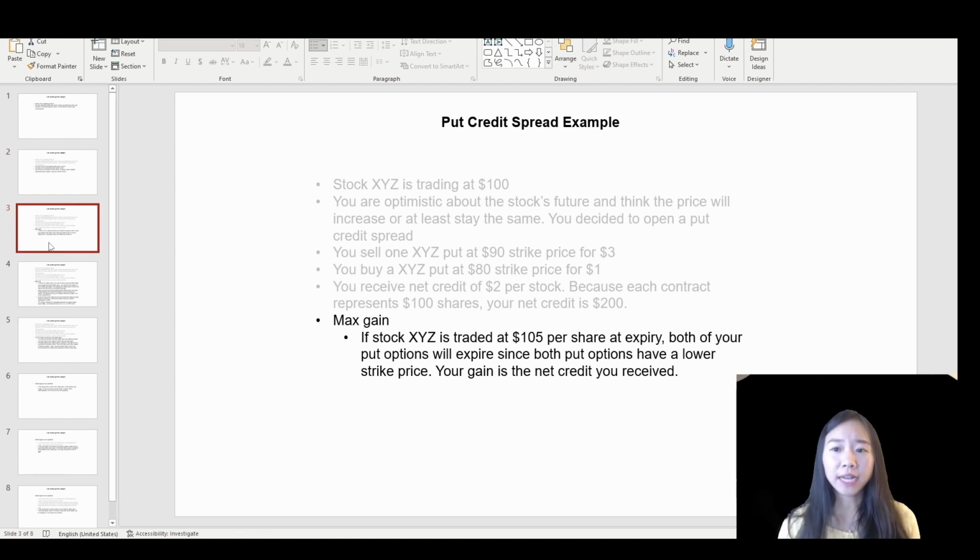So if stock XYZ is trading above your higher strike price, in this case $90, so anywhere above $90, say we are assuming $105 per share at expiration, both of your put options will expire, because both put options have a lower strike price. Your gain is the net credit you received.